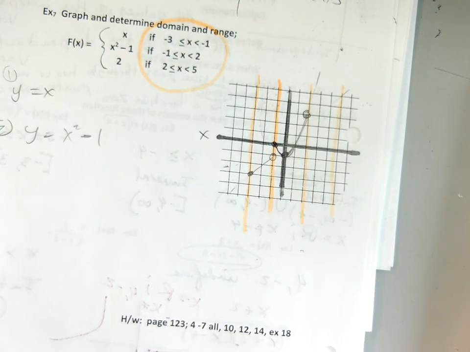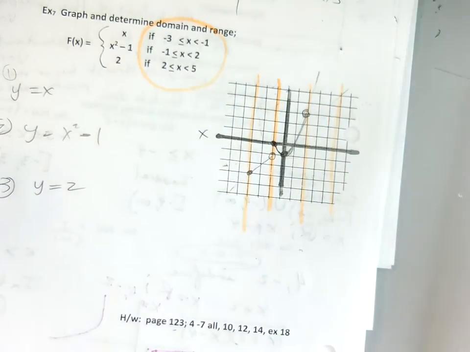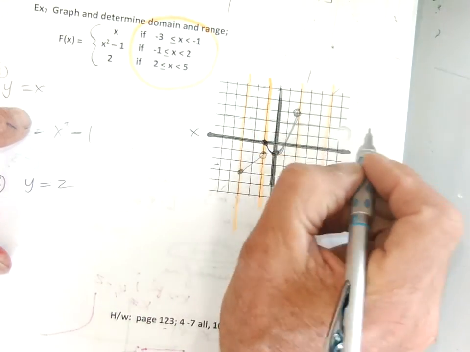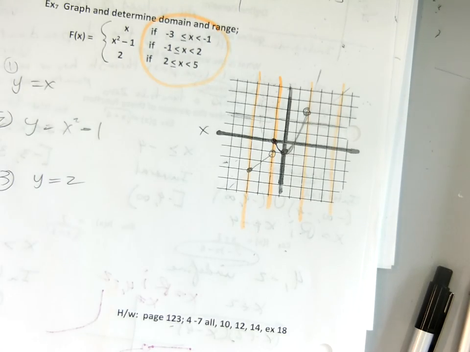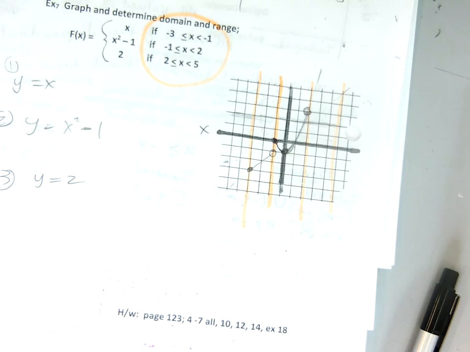Okay, last graph. I've got y equals 2, and that's just a horizontal line at 2, right? But I don't want all of that, so I'm going to erase y equals 2, but I only want this piece of it.